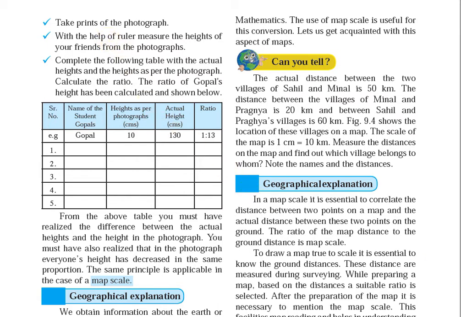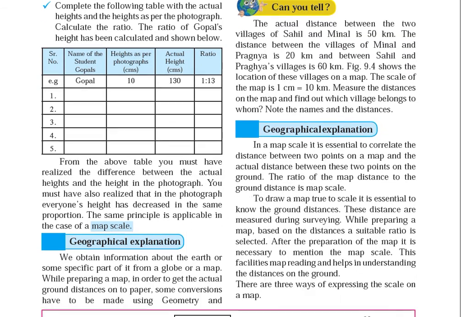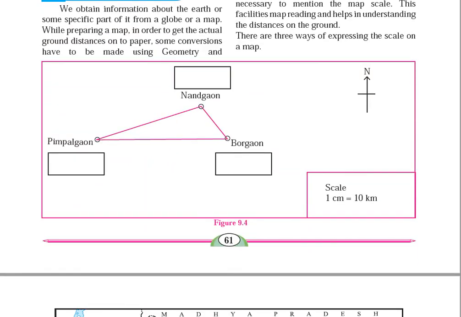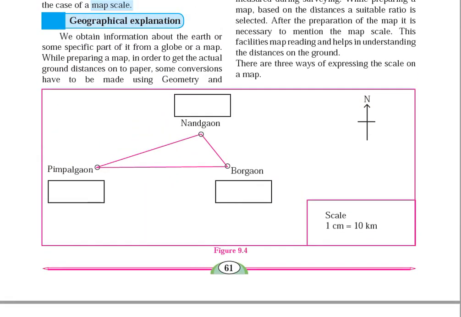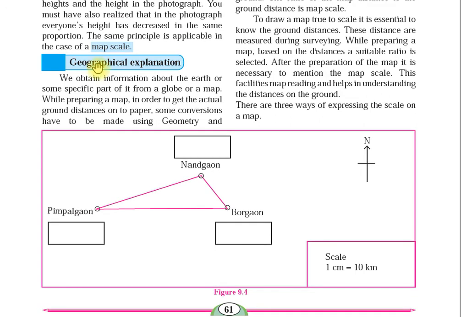Now what geographical explanation have they given over there. We obtain information about the earth or some specific part of it from a globe. You know what you mean by a globe. It is called a replica of the earth. It is called a globe or a map. While preparing a map, in order to get the actual ground distance onto paper, some conversions have to be made using geometry and mathematics.